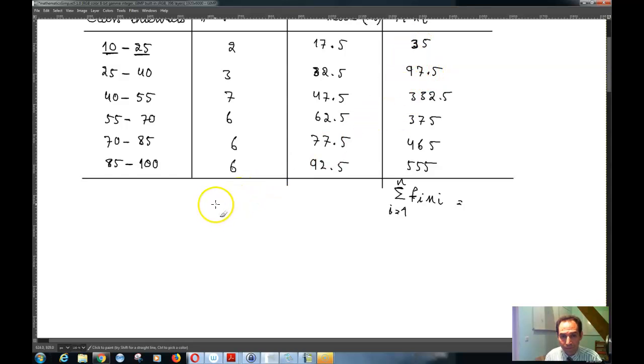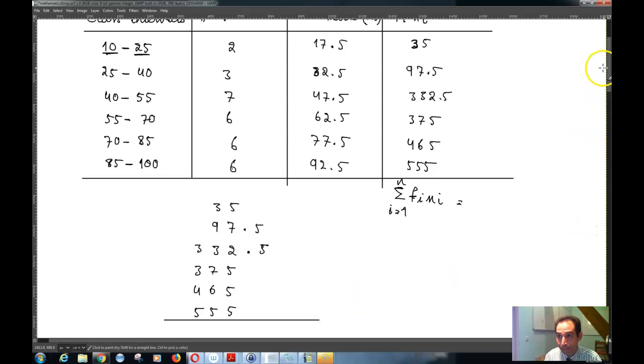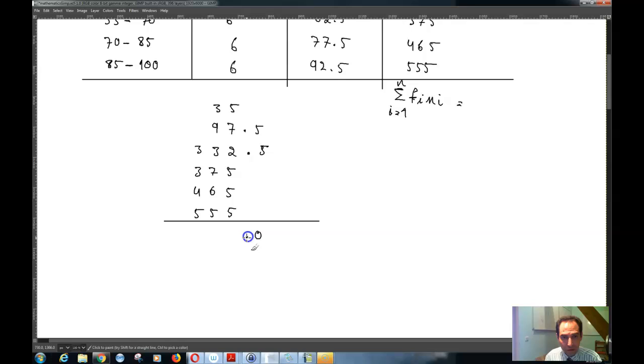So it's basically 35, 97.5, 332.5, 375, 465, and 555. Adding these up column by column, we get 1860.